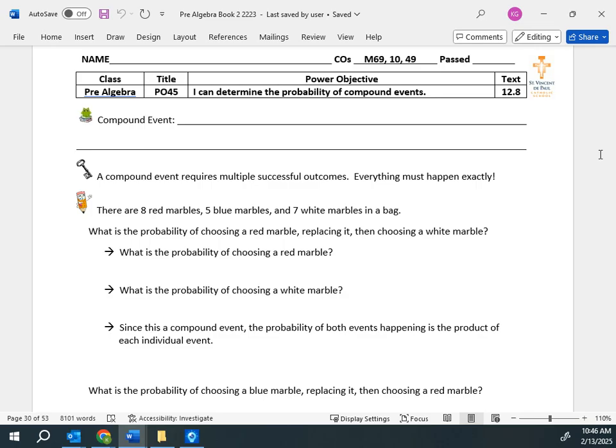All right, back to PO45. It is a PO, power objective. We have to pass this. It is important. A compound event is when there are two or more events occurring.